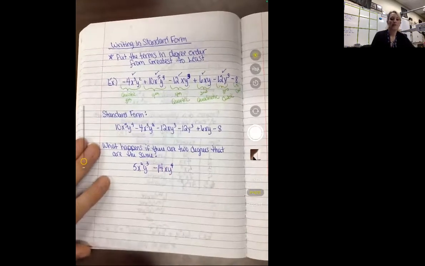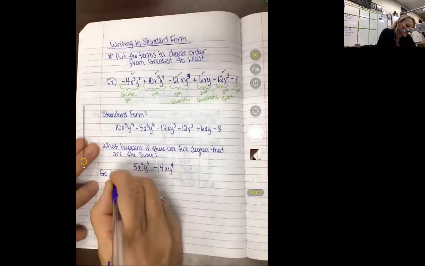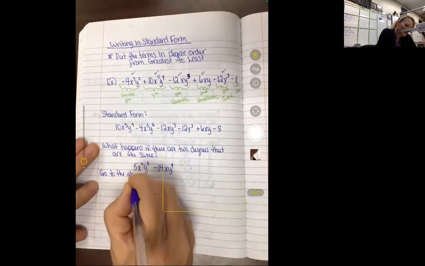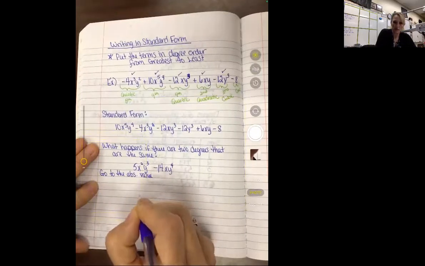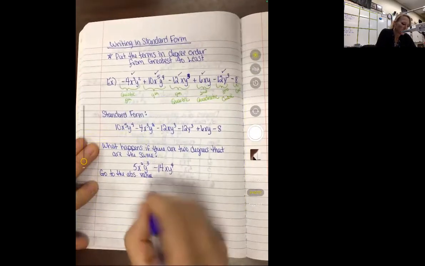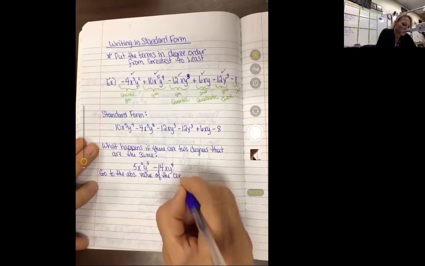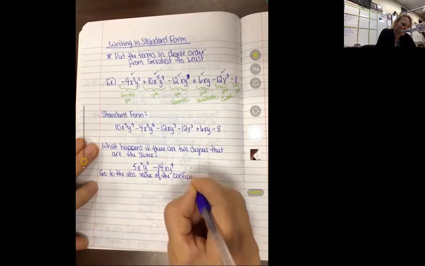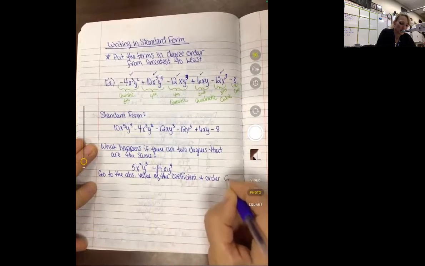Those have the same degree, so which one goes first? We are going to go to the absolute value. In other words, we're not going to worry about positives or negatives. We're just going to pretend they're all positives. So go to the absolute value of the coefficient and order greatest to least.